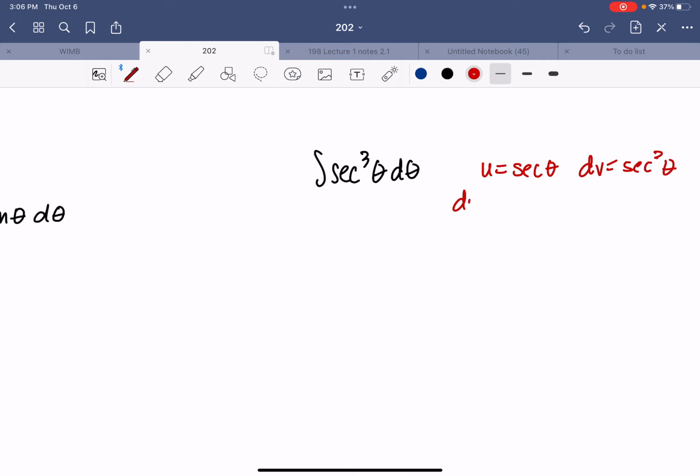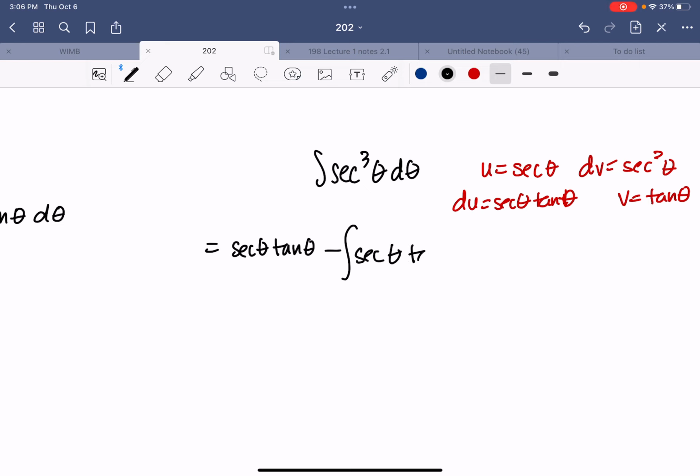And the du then is secant theta tangent theta, and v is equal to tangent theta. So this becomes secant theta tangent theta, that's your u times v, minus the integral of secant theta tangent squared theta d theta.